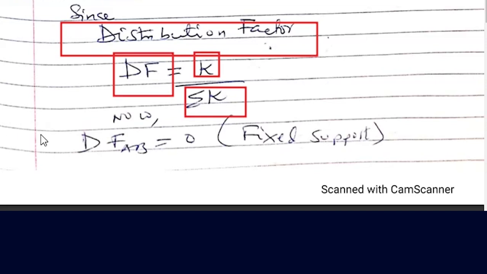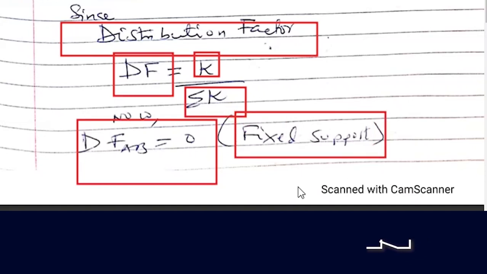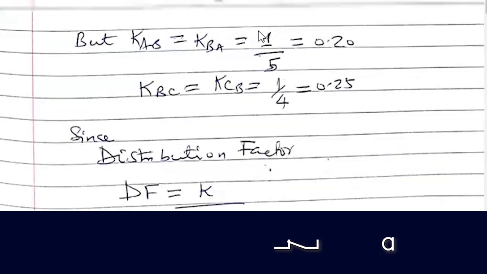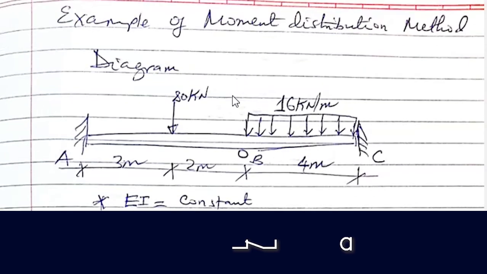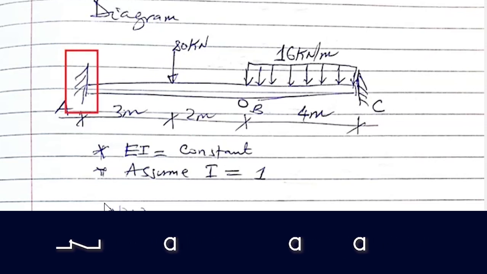So now, the distribution factor from AB is equal to 0, as this is a fixed support. Once it is a fixed support, the distribution factor is always 0. The fixed support is here, and here the distribution factor is equal to 0.